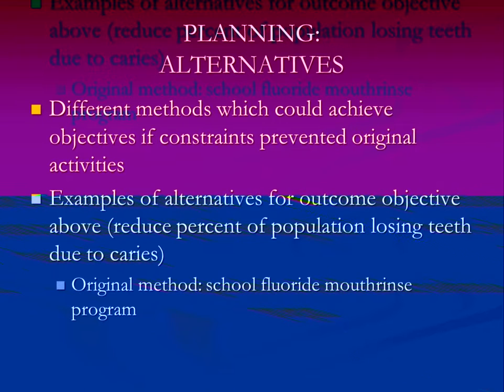And that dental hygienist is going to go into the school systems and implement a school fluoride mouth rinse or a varnish program. So let's say that original method is not going to work because of some type of constraint previously listed. Then we have to think about alternative ways that we could go about doing what we want to do.